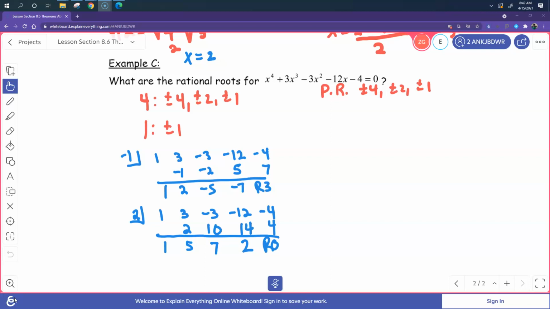Let's go ahead and try 4. 4 is a possible answer. So I have 1, 3, negative 3, negative 12, negative 4.